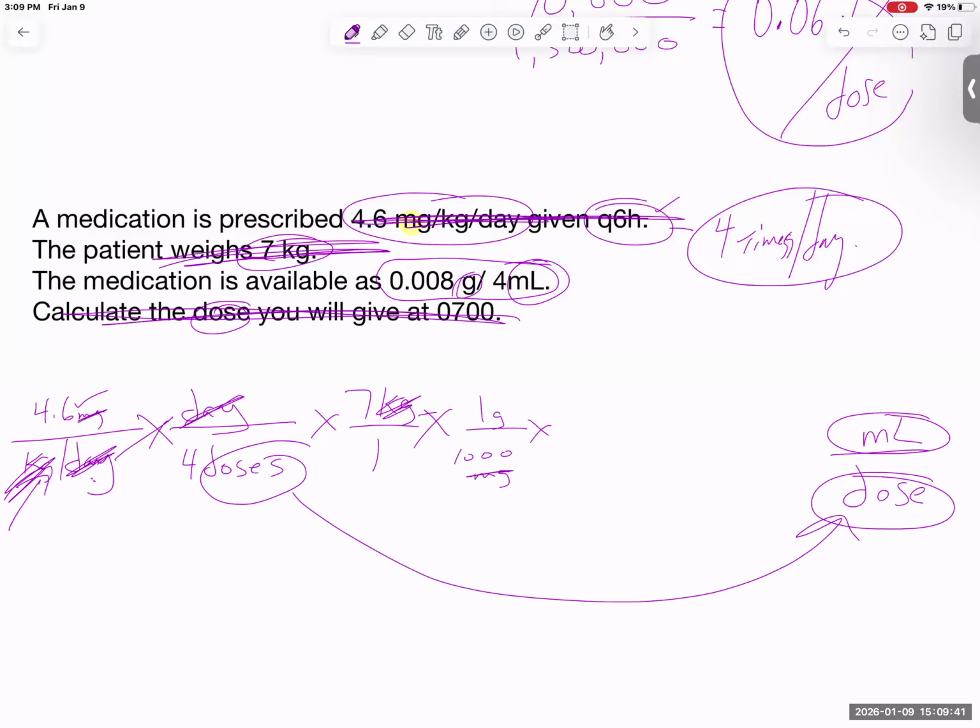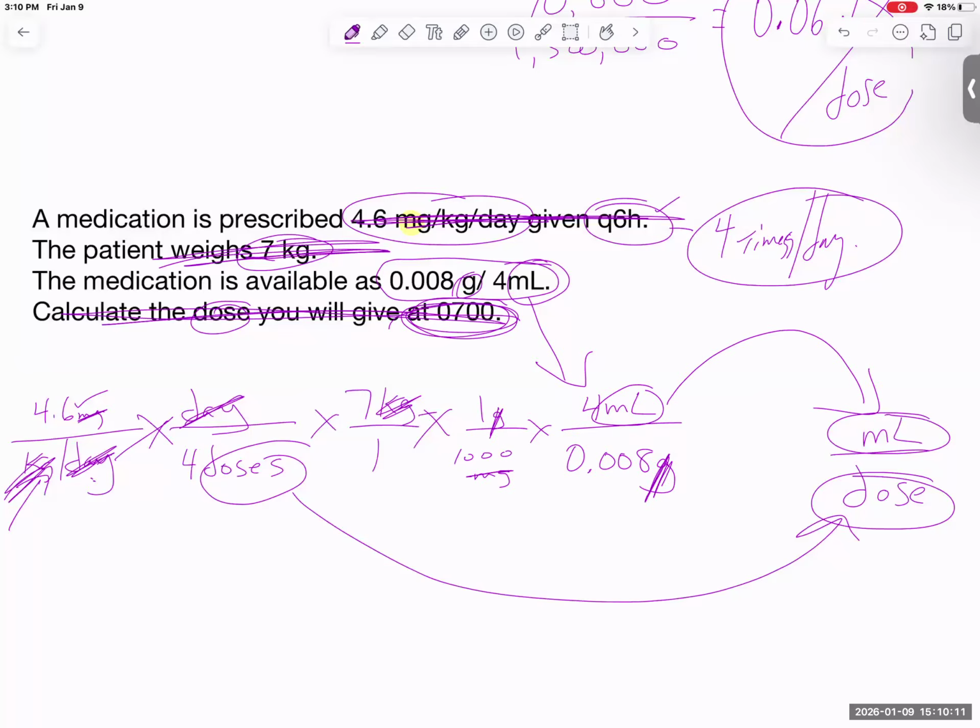And now I can use the concentration. This is where you have to be very careful when you're transcribing. I see errors all the time. 0.008 grams in 4 milliliters. Cross off my grams, and now I have milliliters per dose. And how do I know? Because the problem has a specific time. It's asking for a specific time you need to solve. So now it's just math.